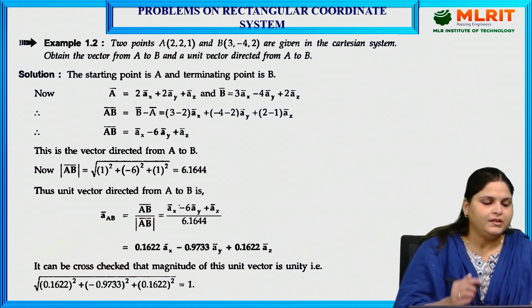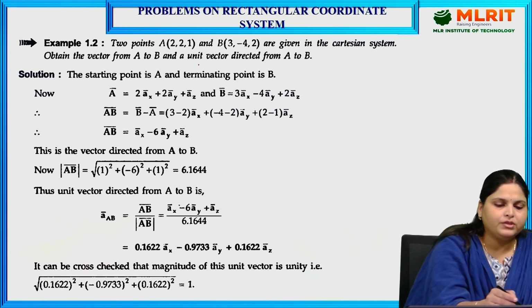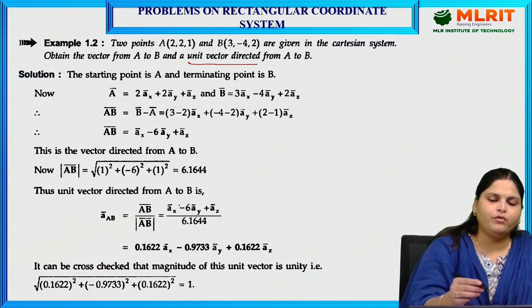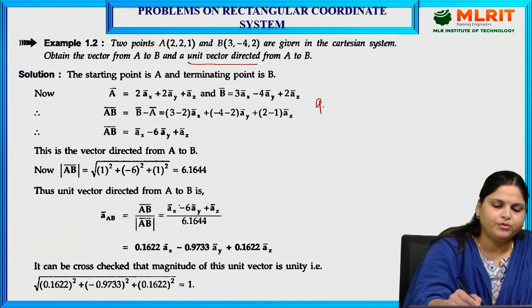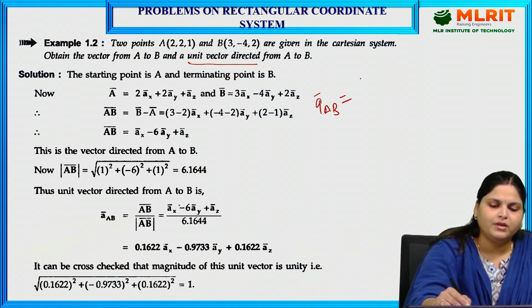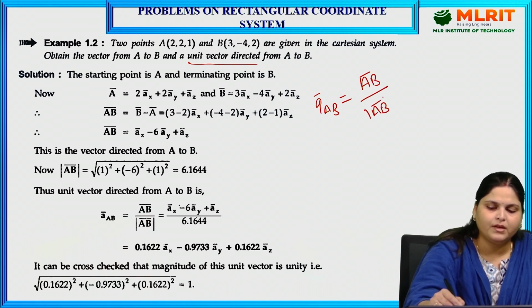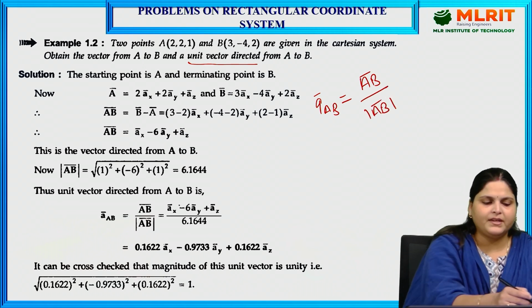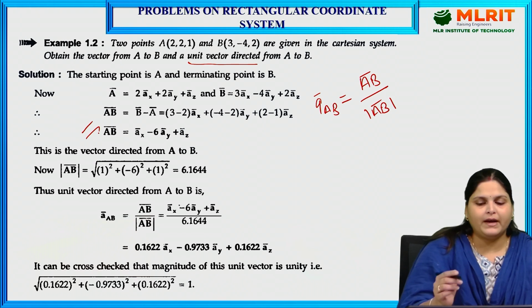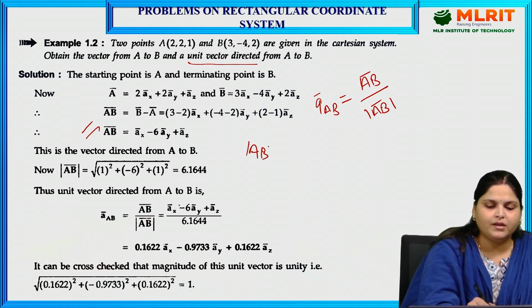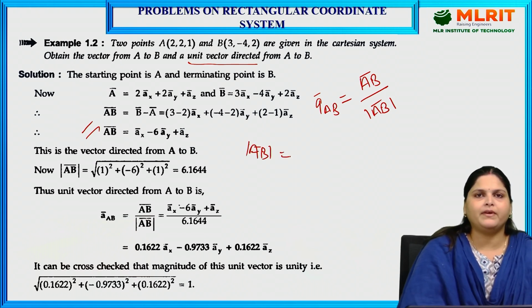Nice. Next we have to find the unit vector. The unit vector is written as aAB is equal to vector AB divided by mod of AB. Vector AB we have already calculated. Now we need to find mod AB.